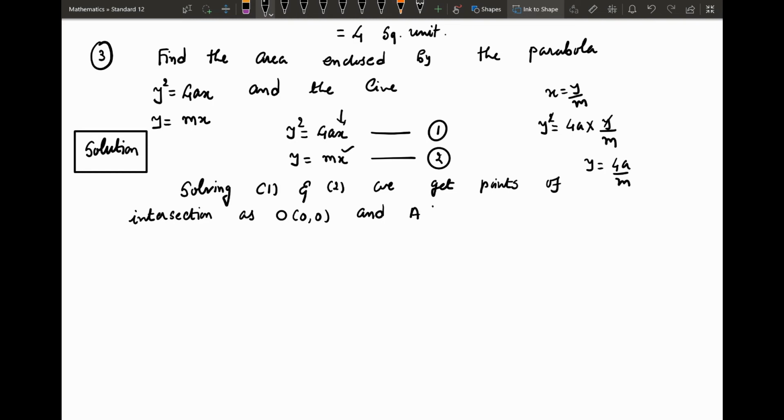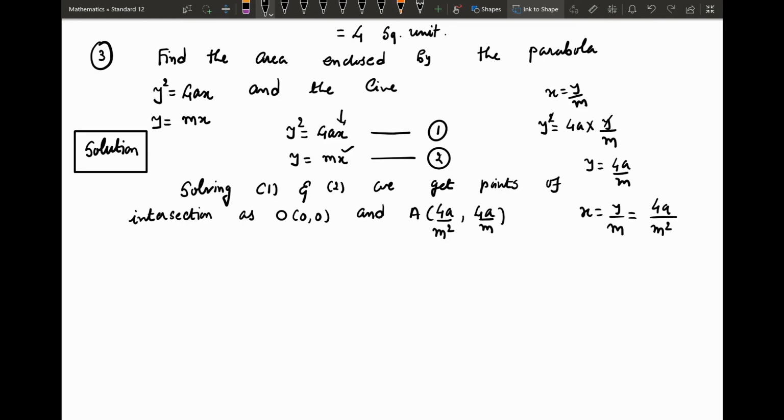So if we denote it, the y coordinate is 4a by m. So the x coordinate is y by m, put the value of y, 4a upon m into m, so m square. So the coordinates of the point of intersection are 4a upon m square comma 4a by m.